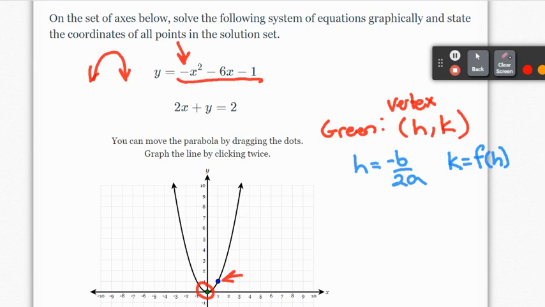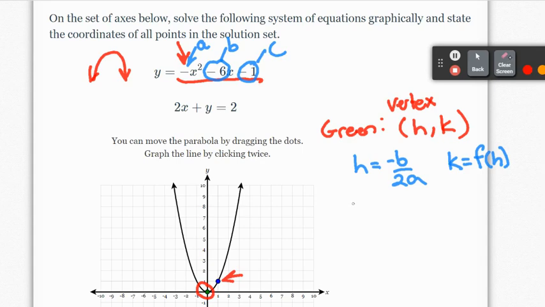So we've got two parts, find the h, and then plug it in to our quadratic expression. So first thing we want to do is identify up here in our quadratic that the -1 is a, the -6 is b, and the -1 is c. So let's work to find the green dot.